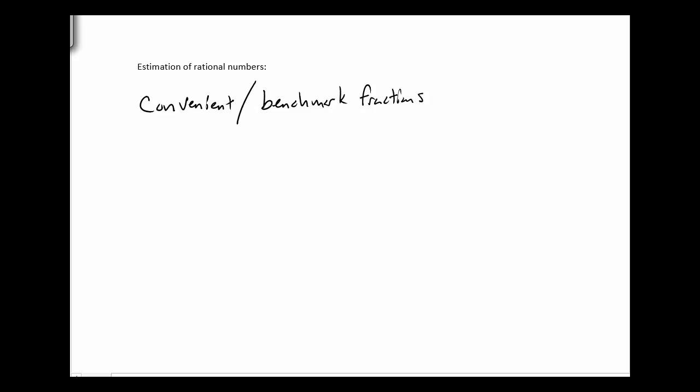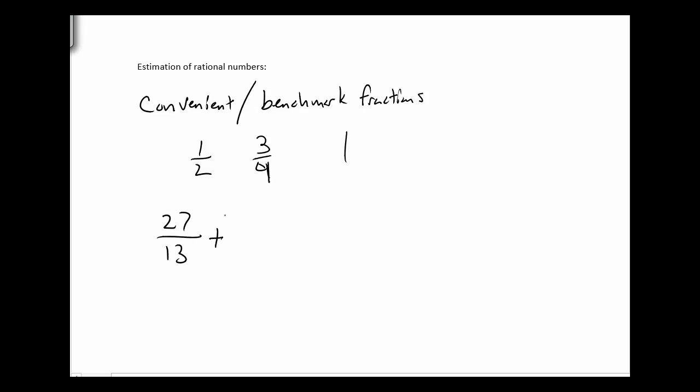These are things where I round to, say, a half, because it's conveniently easy to think of adding a half, subtracting a half, or multiplying by half of something. Maybe I want to round something to 3/4, or maybe I just round it up to 1, the nearest whole number, and estimate it in that fashion. Okay, so let me give us a couple of problems that will demonstrate some earlier estimation techniques with this idea of benchmark fractions or convenient fractions.